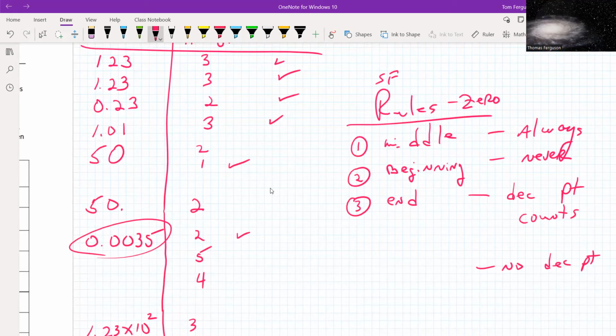No decimal point, it doesn't count. So no decimal point, doesn't count. Decimal point, it does count. Okay, does that make sense?